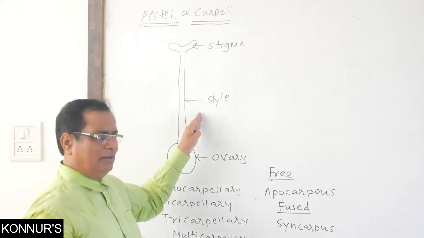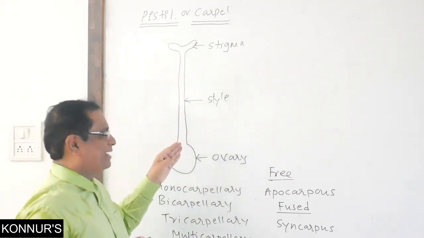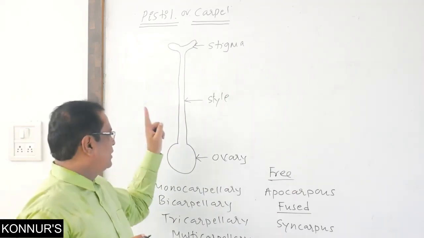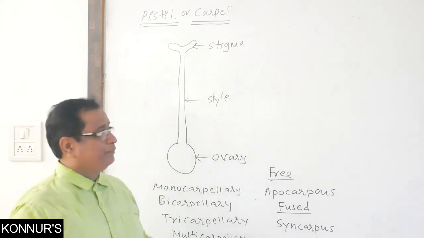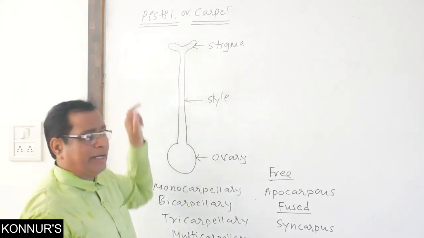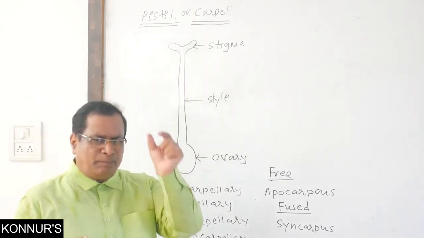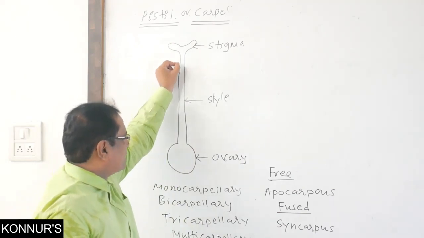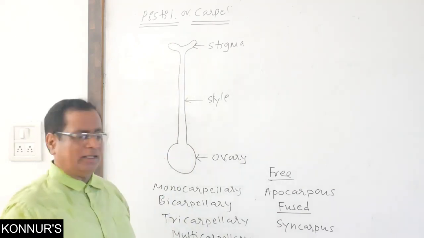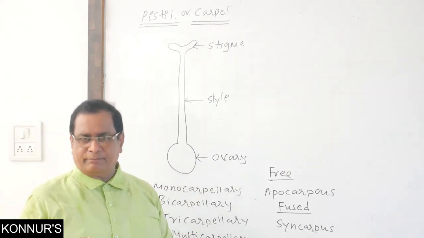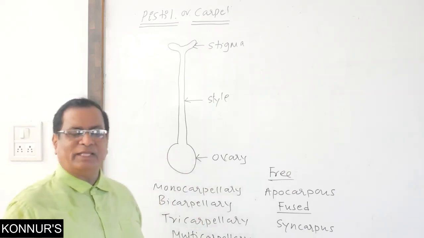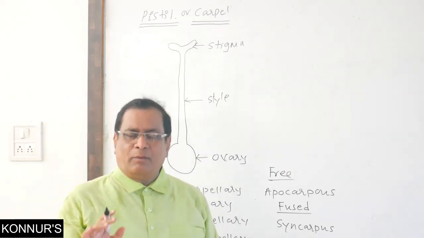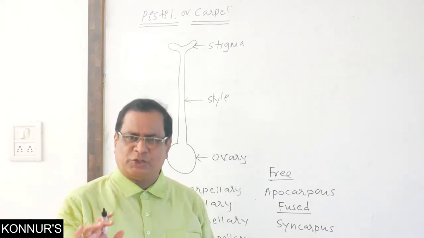And the style is a very long and slender structure with a lumen inside. When the pollen grains fall on the stigma, the pollen tube will form. That pollen tube pierces through the style and goes to the ovary. And the ovary is a structure having ovarian tissue.